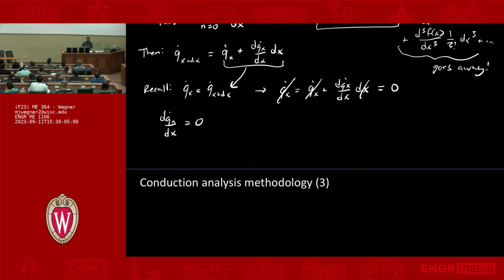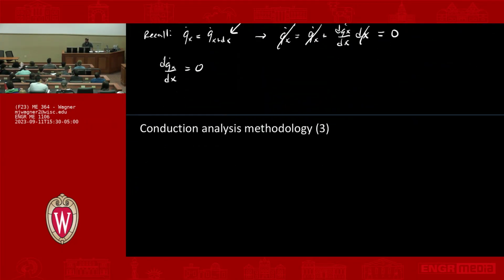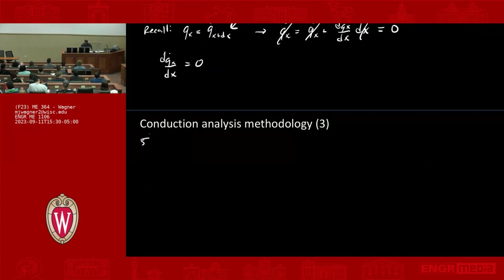Now we have to figure out how to use that. So step 5. How do we relate heat to temperature? We're trying to get to temperature. So we're relating heat to temperature. We're going to substitute a rate equation.